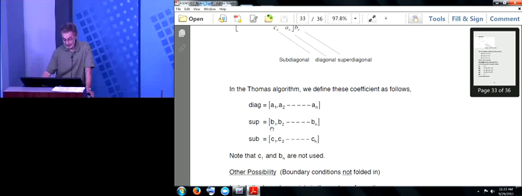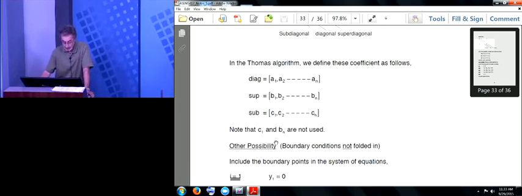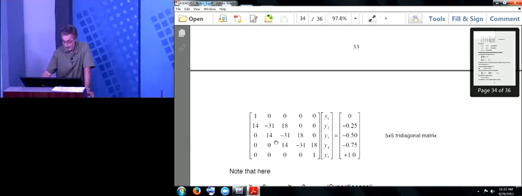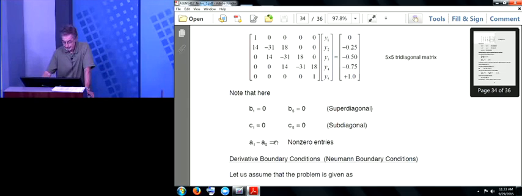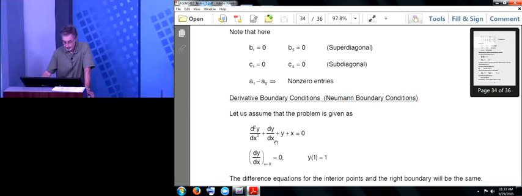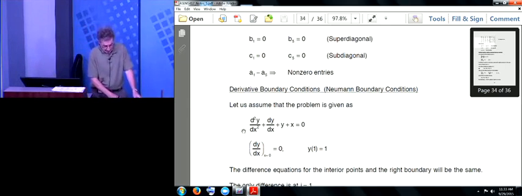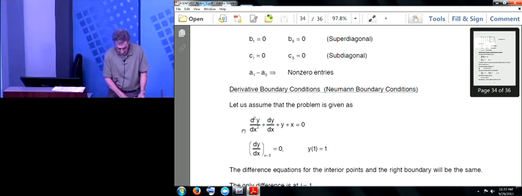And the superdiagonal is C and subdiagonal is B, so there's really no discrepancy between those. Okay? All right, do read some of these things when I'm talking about the implementation of the boundary conditions.